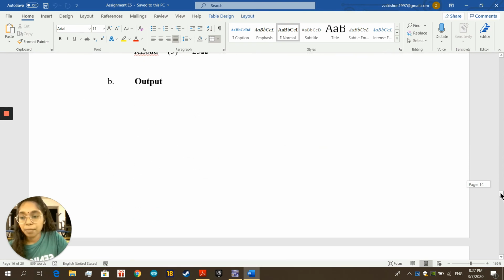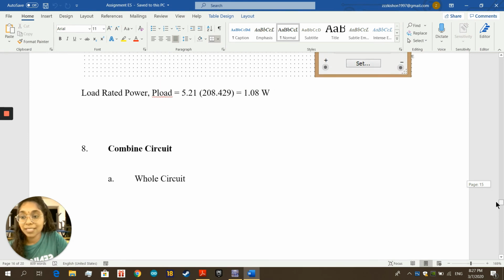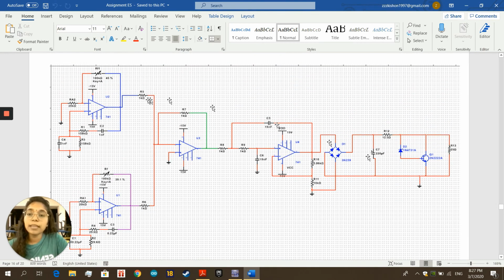I'll be wrapping up our group's presentation, whereby I'll be explaining the combined circuit, the whole circuit that we have constructed as a group. This is our whole circuit that we have combined: oscillator 1, oscillator 2, with a voltage summing amplifier, active LPF, second order active LPF, full bridge rectifier, voltage regulator, and power with the power given.